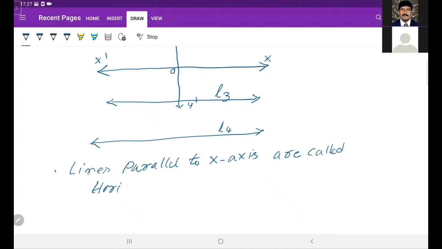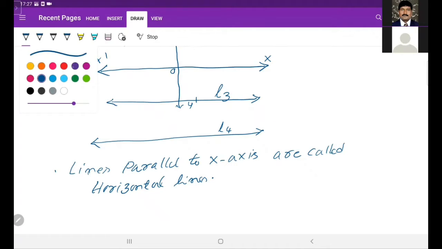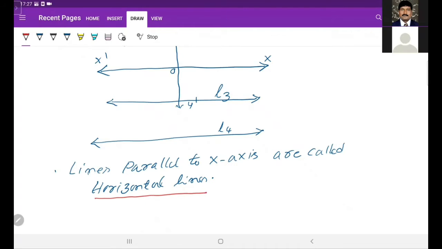Okay? Any doubt? Is clear? Horizontal lines. Understand?